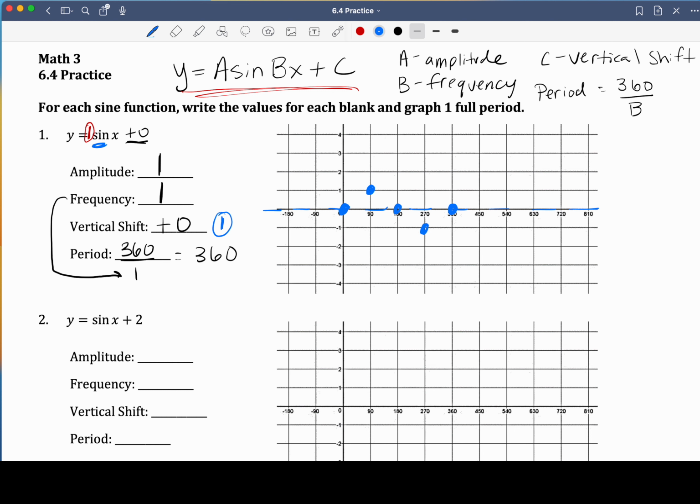Now, if that sine function had been negative, instead of graphing the first point above the midline, we would have graphed it down here, because it would have a negative direction. But because that's not the case, we start above, and you'll see it come up here shortly. Because it says just to graph one full period, we're just going to connect our points here, and then there's our function.